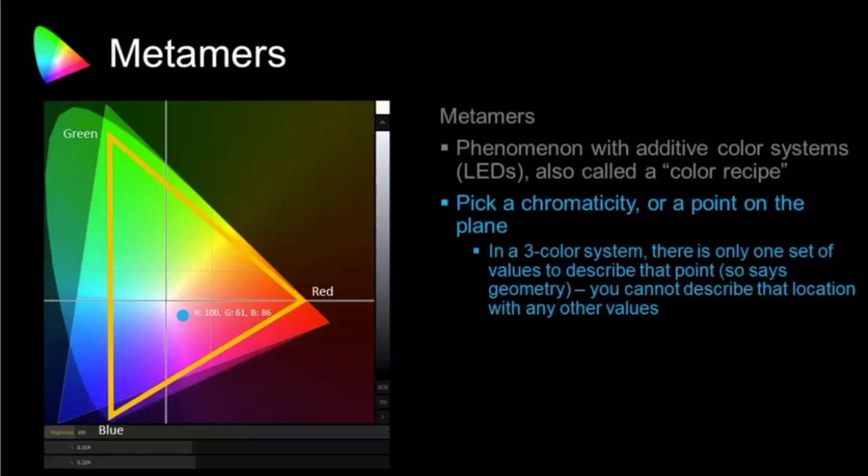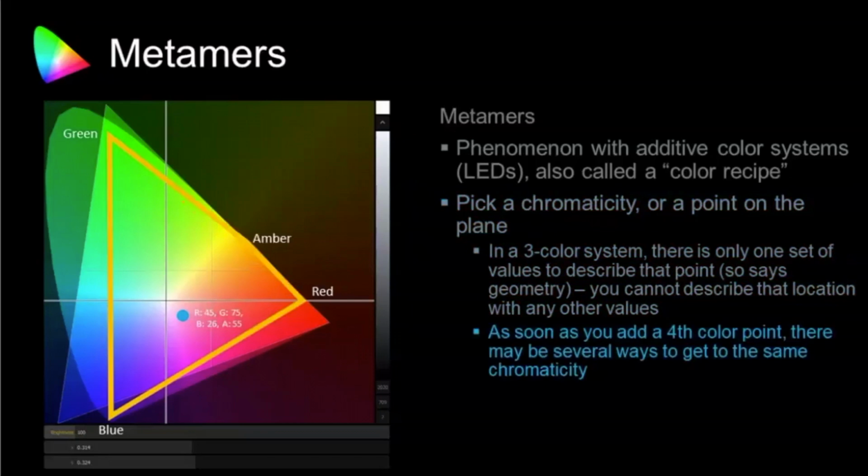It's always only going to be one set of values that describes that location. And similarly with color, if you change any of those values, you're actually shifting the chromaticity in that color space. But as soon as you add a 4th color, you have the possibility to get to the same point with multiple recipes.